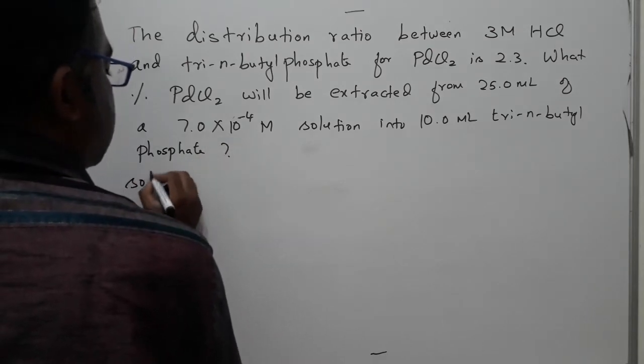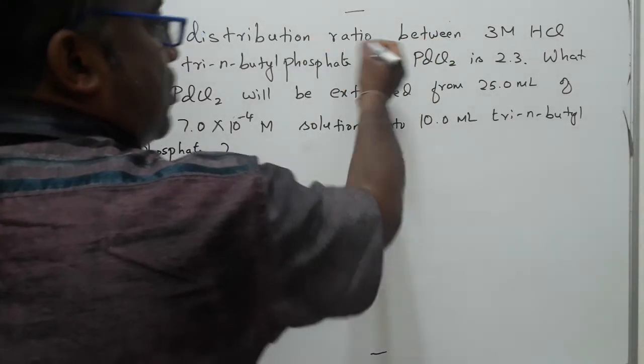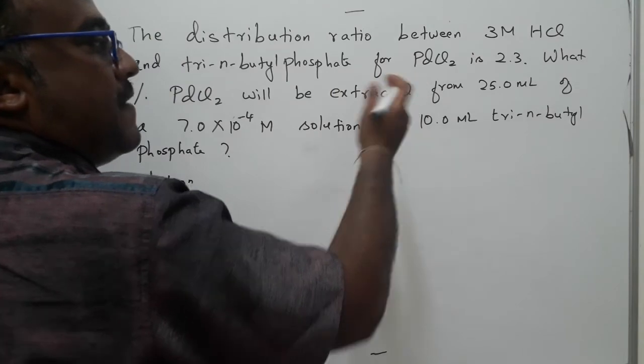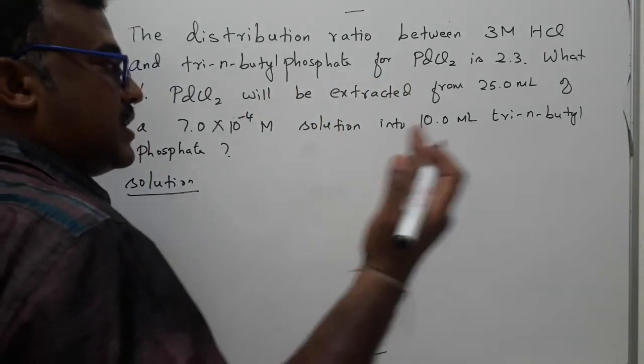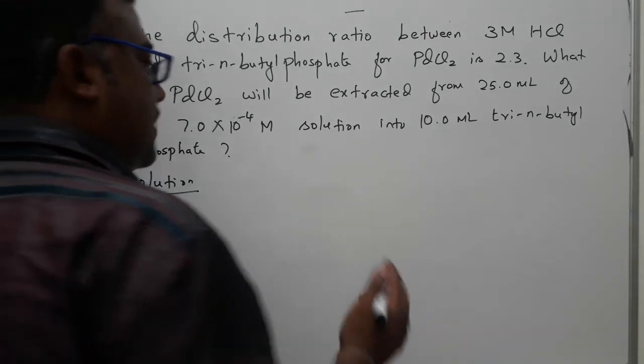The solution for this problem: they have given the distribution ratio. In the case of palladium chloride, if it does not undergo any association or dissociation, the distribution ratio and distribution coefficient will be the same.